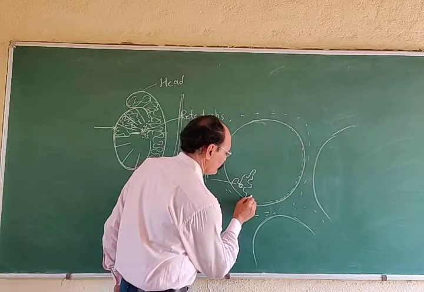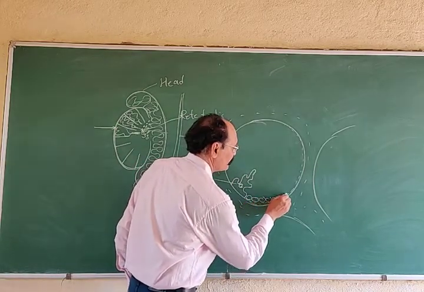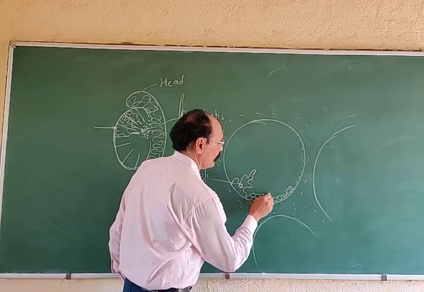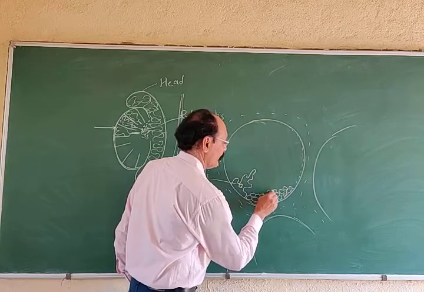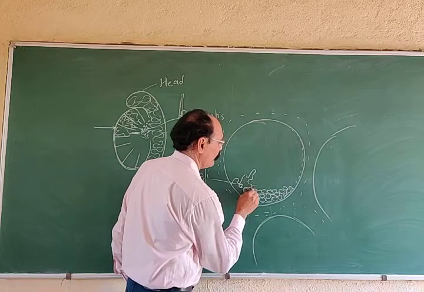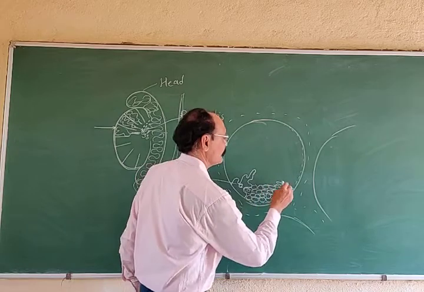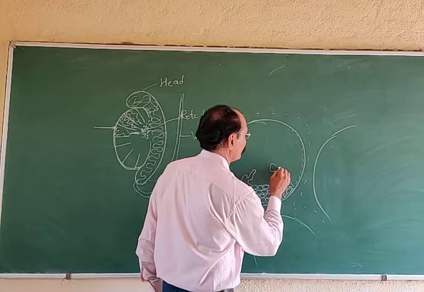And here there is the germinal epithelium. The germinal epithelium is arranged in around 8 layers in the mammalian testis, and these cells are in various stages of development of spermatogenesis. Here is the Sertoli cell.